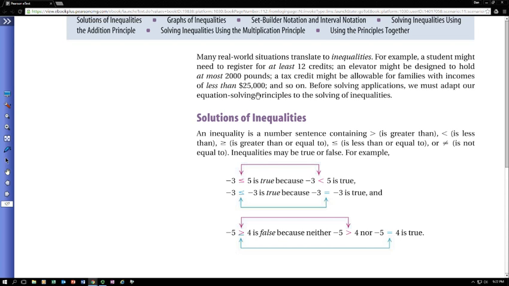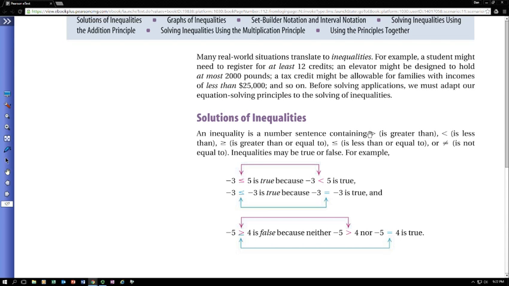I could use 2.5, 2 1/4, 5 million. I could keep on going, putting in all kinds of numbers and fractions and so on. So we need a way to communicate that infinity of solutions.